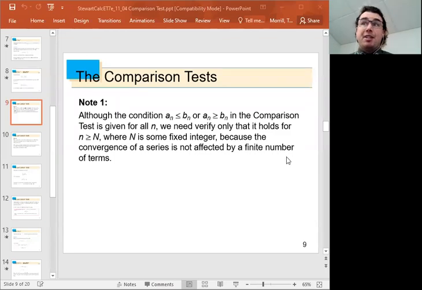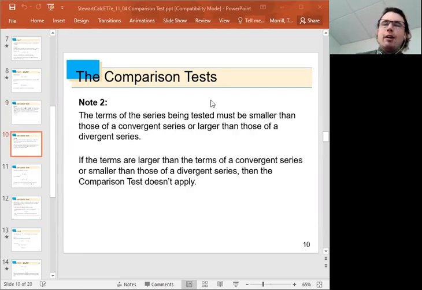Now, we do need to be discerning when we use these rules. One thing to be aware of is that saying a series is larger than some other series which converges doesn't really do a whole lot.